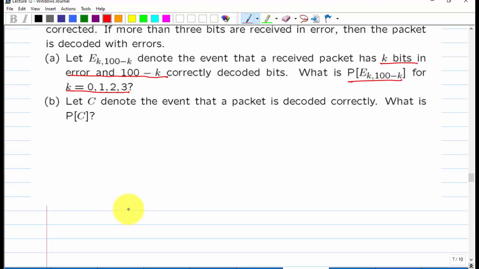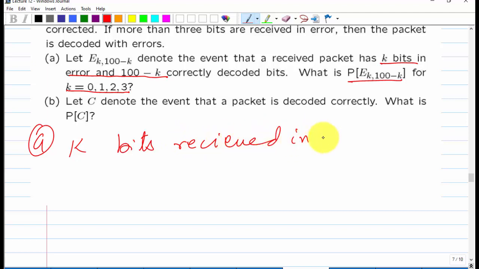Here we can see that we have k bits received in error, or k failures in 100 trials, or 100 bits.